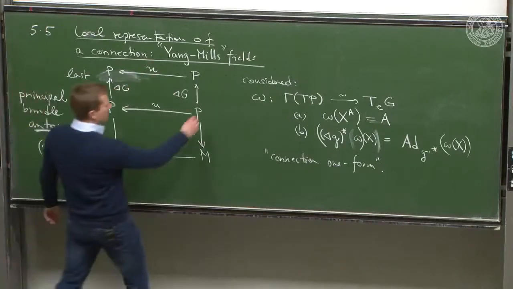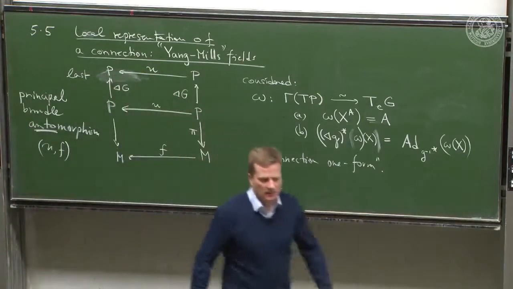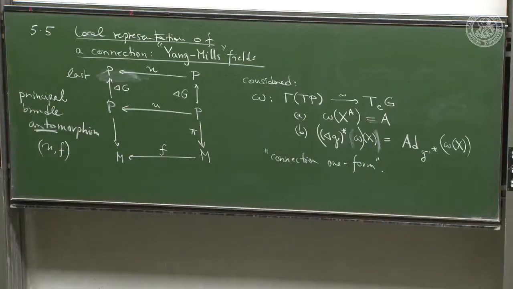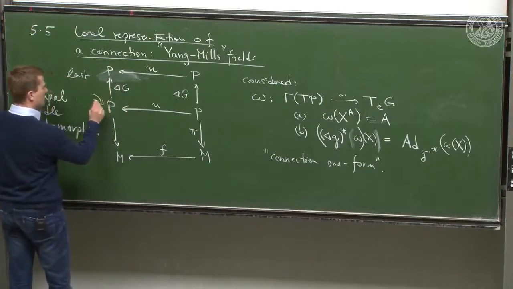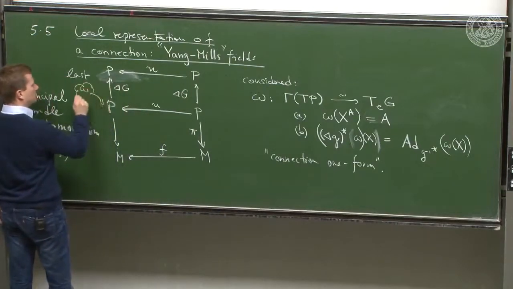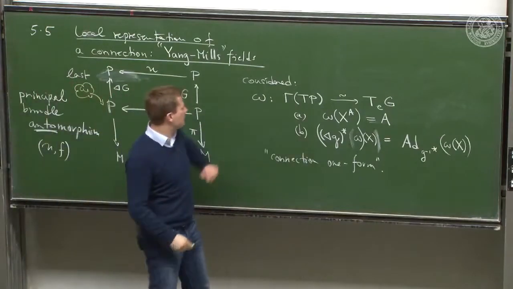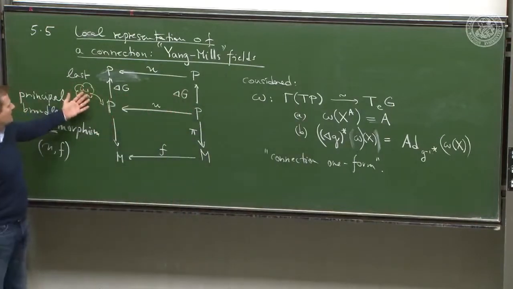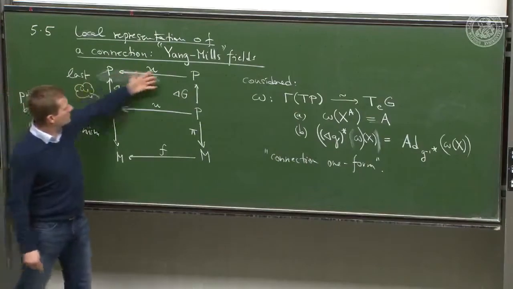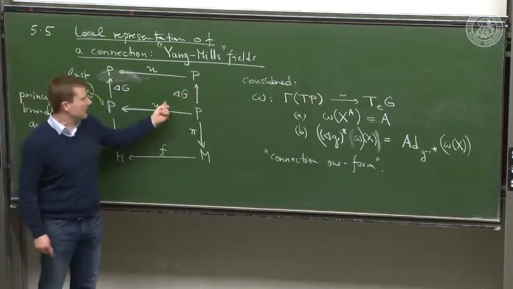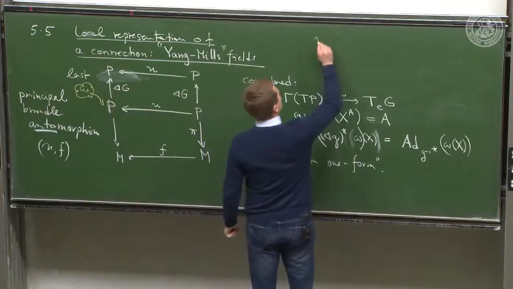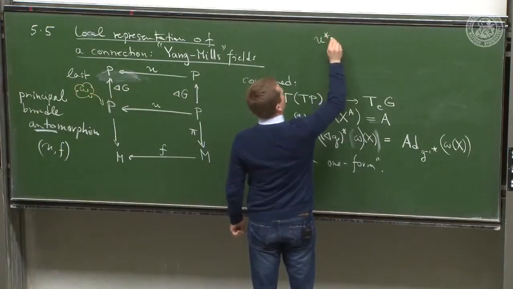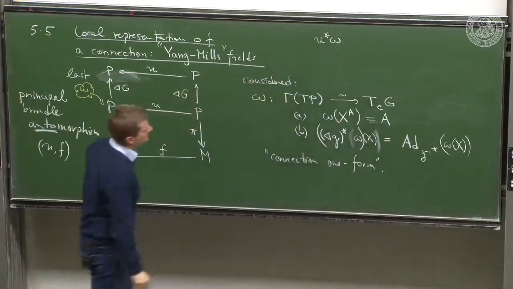But now the question is, if on here lives a Lie algebra valued one form omega of this type, if it's a one form, we should be able to pull it back via this U. So we should be able to consider U pullback of this omega.